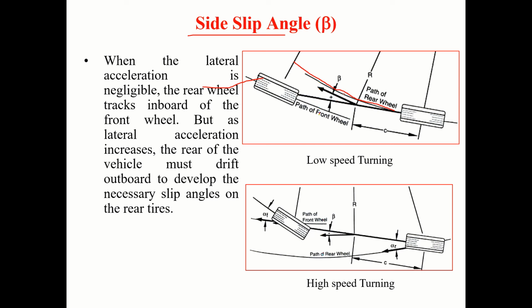And this is what we call beta, the side slip angle. If it is taking a turn with high velocity, then there is centrifugal force, then the wheel outtracks like this. High speed turning. Correct? Beta we call it as side slip angle.